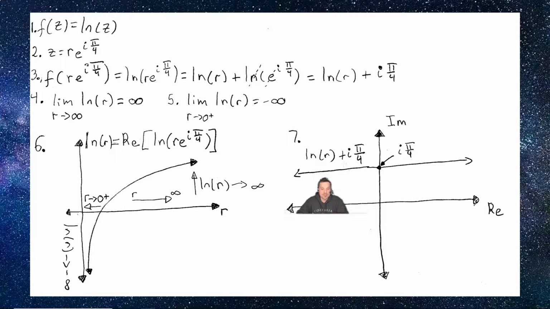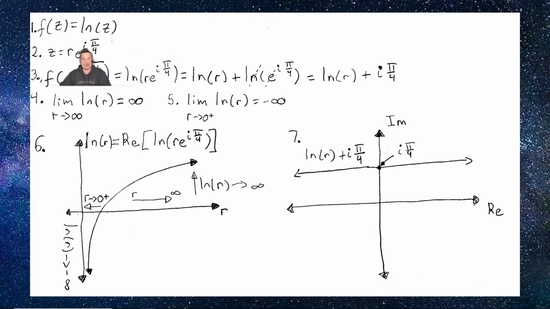Where are these coming from? These are just the real parts. This part of the axis corresponds to going towards negative infinity, and this part corresponds to going off towards positive infinity. All of this is representative of the image of r times e to the i pi over 4.